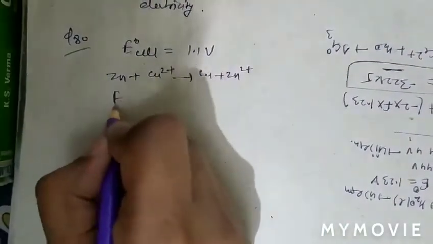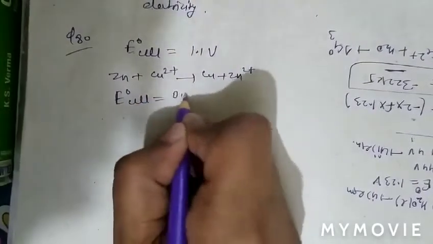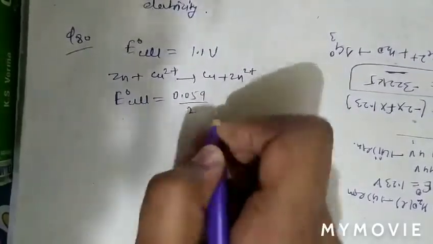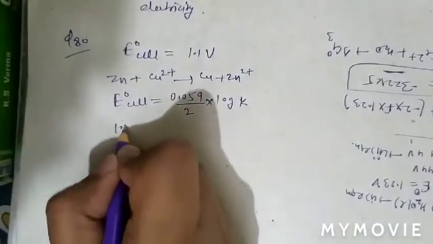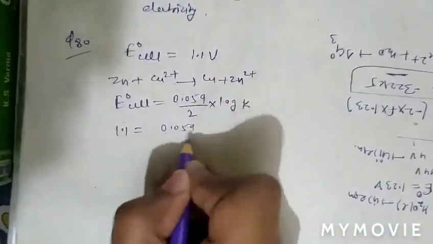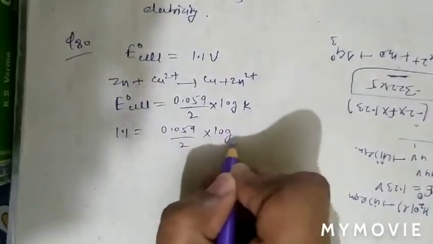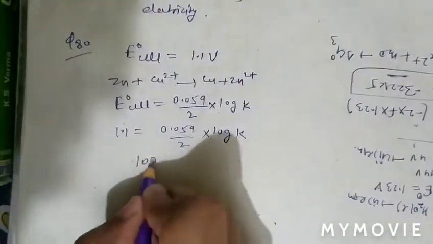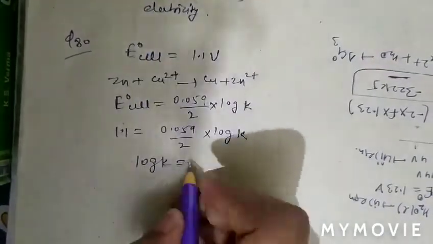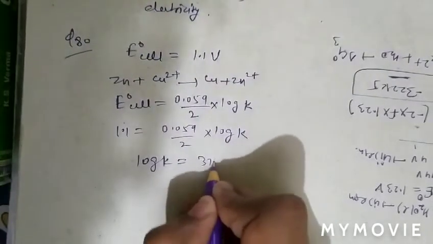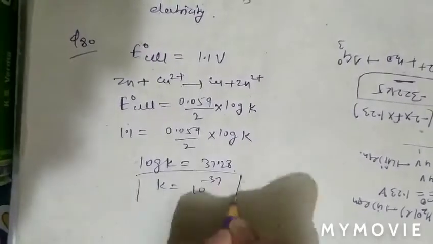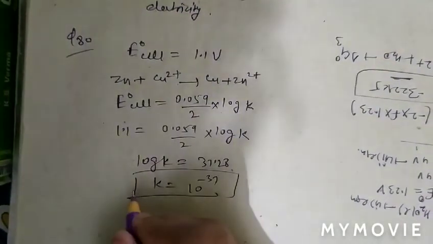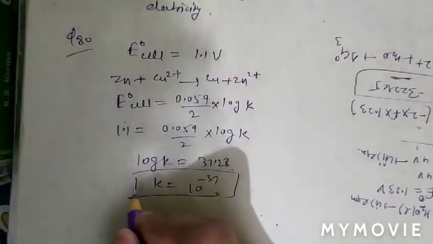So we can say that E0 cell will be equal to 0.059 by n, where n is 2 here, into log of K. As the value of E0 cell is 1.1, 1.1 equals 0.059 by 2 into log of K. So log of K will be nearly 37.28. So K will be equal to 10 raised to 37. So question number 80, option B is correct.